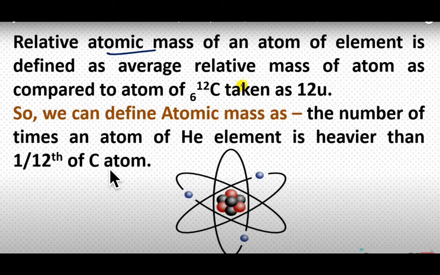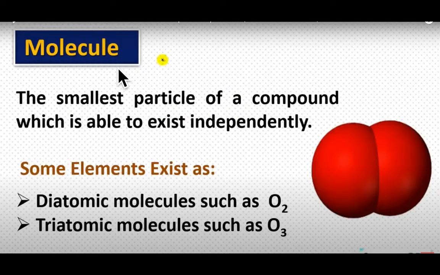The concept will be more clear in the next chapter. It is molecules. You know, in the previous chapter about molecule and compound, let us revise that. The molecules are the smallest particle of a compound which is able to exist independently.